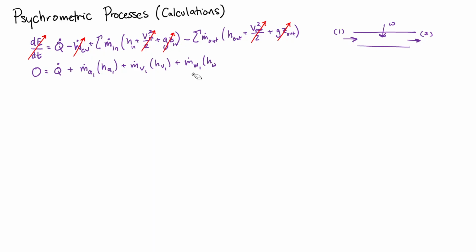I guess this isn't really happening at 1. This is just happening for wherever I'm injecting water into my system. And then for my mass flow rates going out, I am going to have pieces at 2. So I've got the mass flow rate of air out times the enthalpy of air going out, and I have my mass flow rate of vapor in that air going out times the enthalpy of my vapor going out. That is my giant equation.